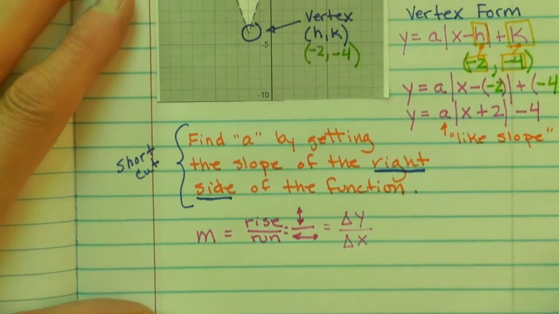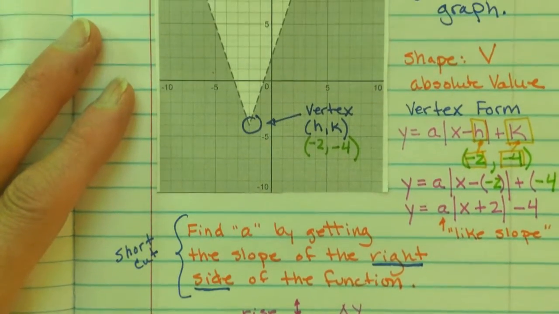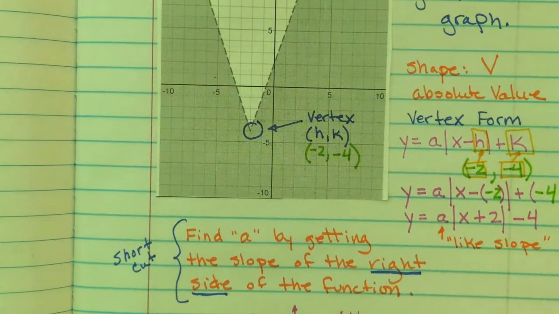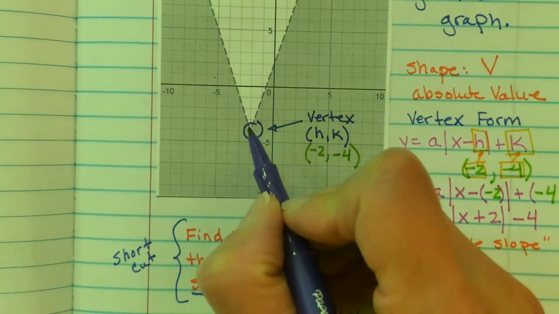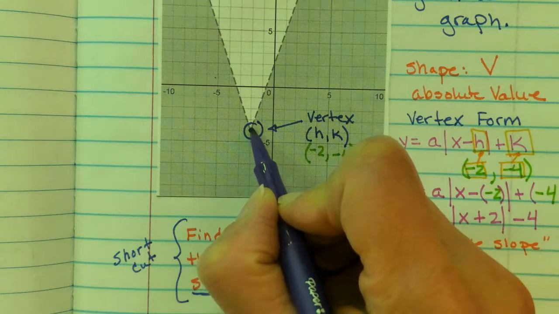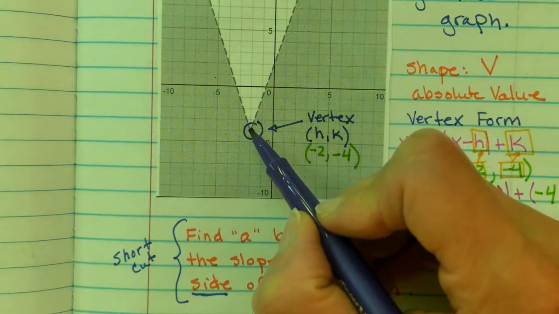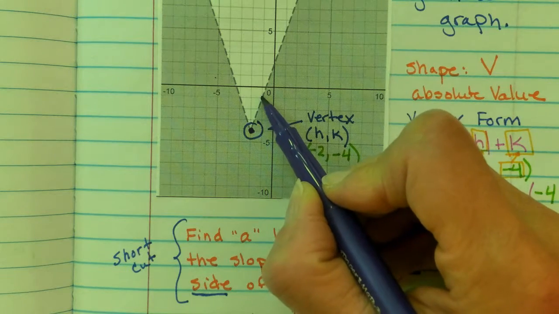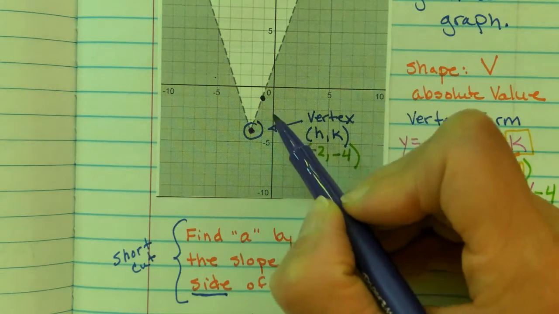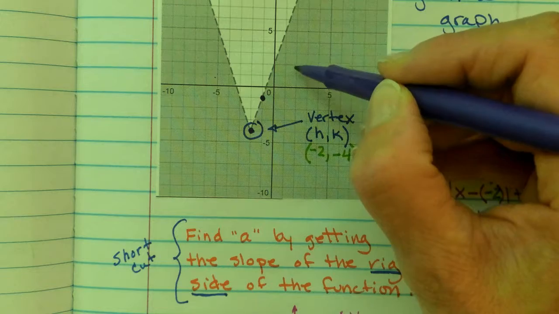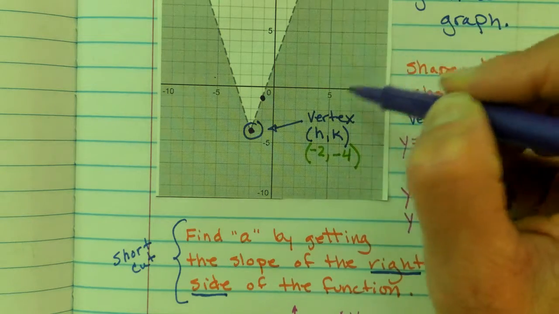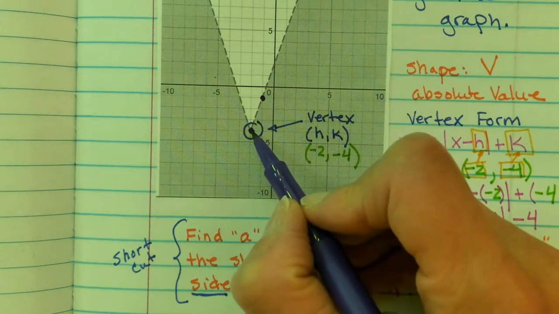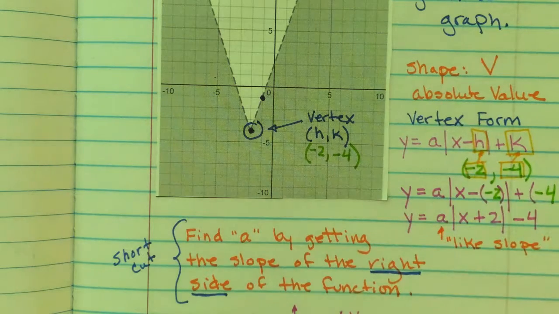We don't need to do any numbers, we just need to start from one point and go to another point. I'm going to start at my vertex, and then look for another place where my function meets a crosshair. A crosshair is these little hash marks on my xy coordinate plane. So that's one point, that's the other point.